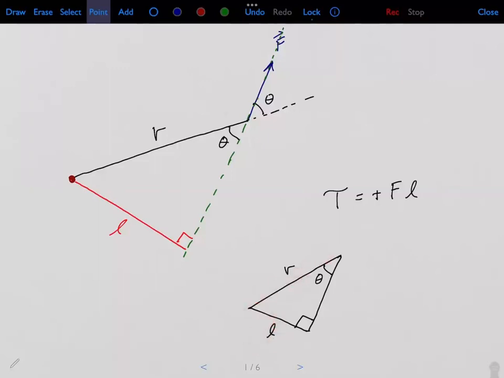So what trig function relates opposite and hypotenuse? That's sine. So basically I can say sine of theta is equal to opposite L over R. And if I multiply both sides by R, I can rewrite L as R sine theta. So really this torque you could write as plus F times R sine theta.